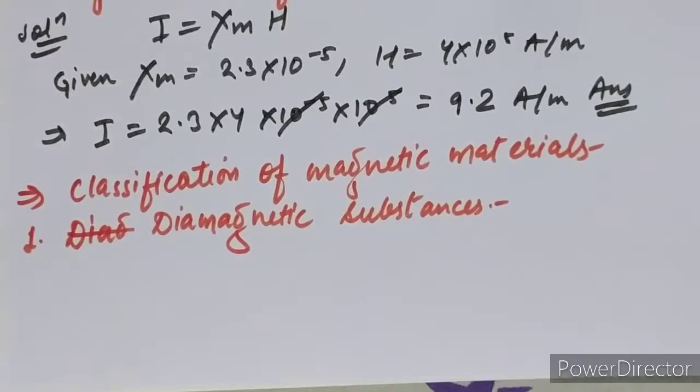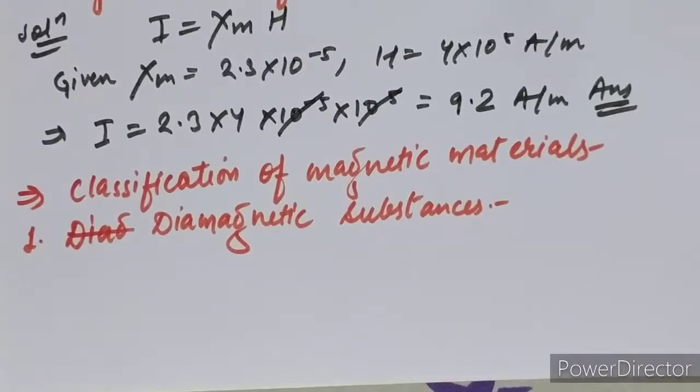Also, if any material is placed in a non-uniform external magnetic field, it moves from the strong field to the weak field, meaning it goes towards the weak field. It acquires a small net non-zero magnetization opposite to the applied field. Such types of materials are called diamagnetic materials, and their property is diamagnetism.